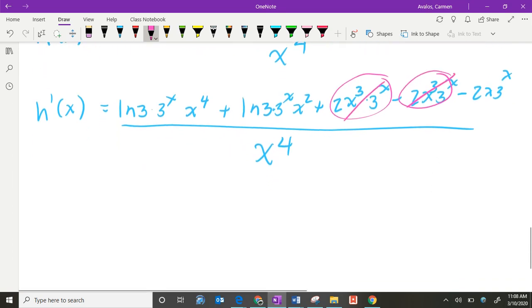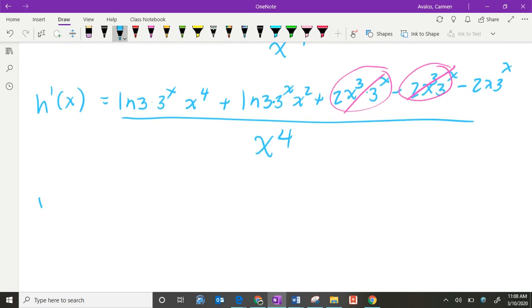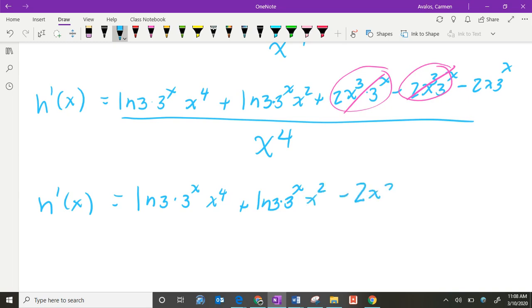And so your final answer is h prime of x is going to be ln of 3 times 3 to the x, x to the fourth, plus ln of 3, 3 to the x, x squared, minus 2x times 3 to the x, all over x to the fourth.